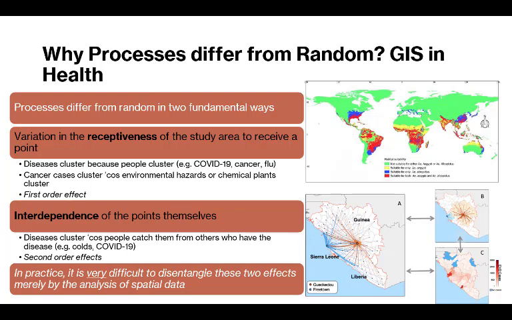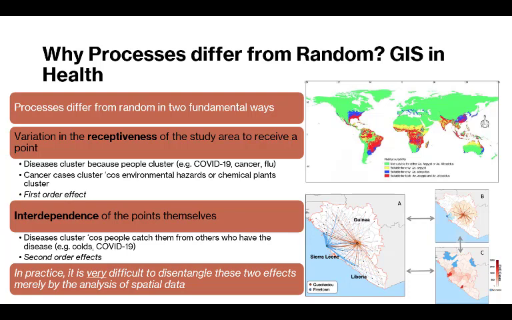So, interdependence. Because we live in a society, in a community, we have close interaction, so we are interdependent on one another. So me having the disease and coming in contact with you is likely to transfer the disease to you if you are susceptible. So we refer to this as second order effect, whereby the disease clusters because people catch it from other people who have the disease.